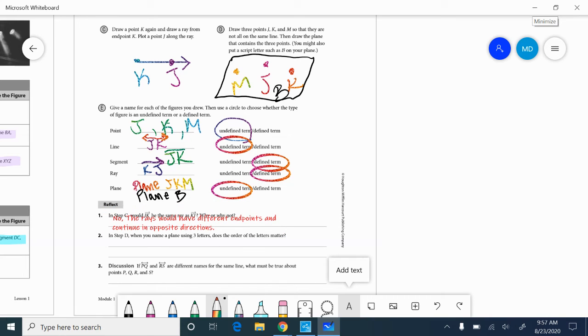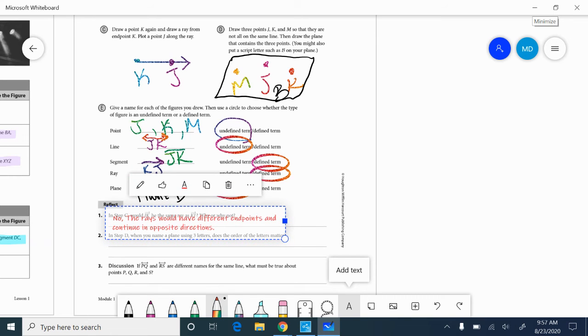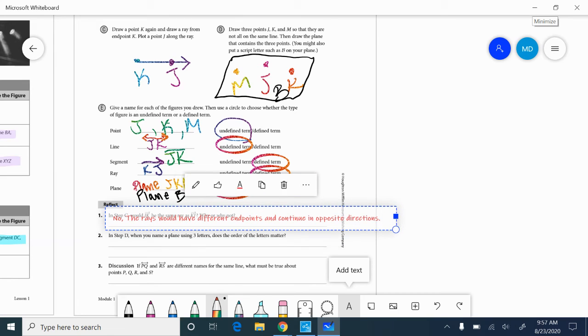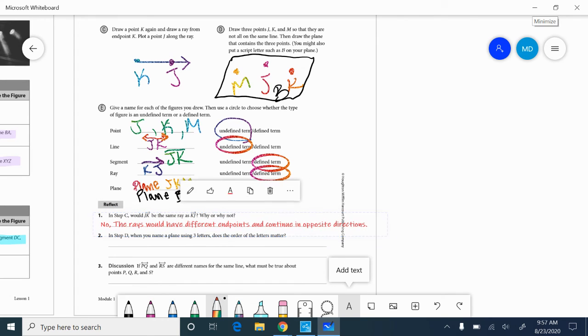For number 2, it says in step D, when you name a plane using 3 letters, does the order of the letters matter? So think about that. Does it matter? And the answer to that is no. Okay, it does not matter. So I'm going to add some more text.